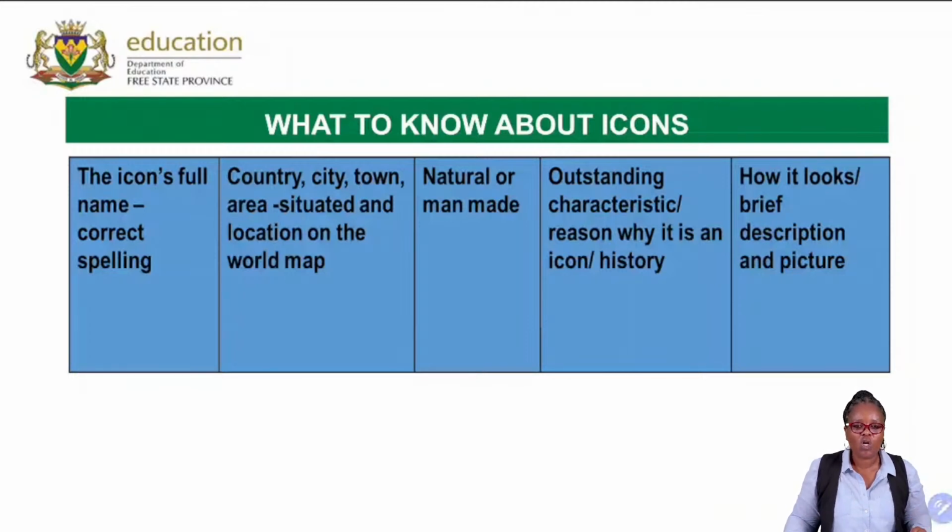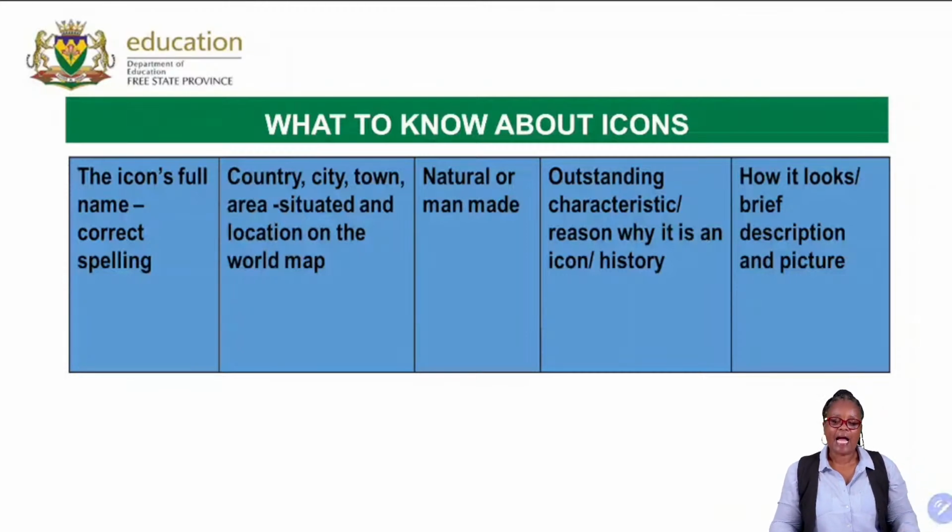On top of that, you also need to know the threats to that icon. Remember, like I said, some of these icons are World Heritage Sites, so they need to be protected. So you need to know the threats and challenges, because the questions will be based on that.